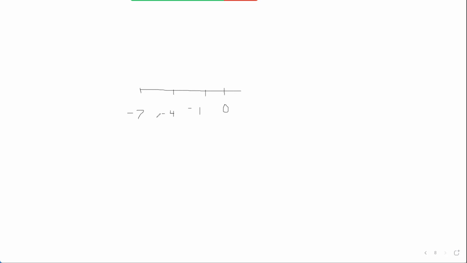Now your interval was like negative, what did she say? -3.5? Yes. So one of your answers was -3.5, which is about there, right? And the other one was here, right? So -4 is in this interval, isn't it? So she's right, but she wrote the interval backwards.